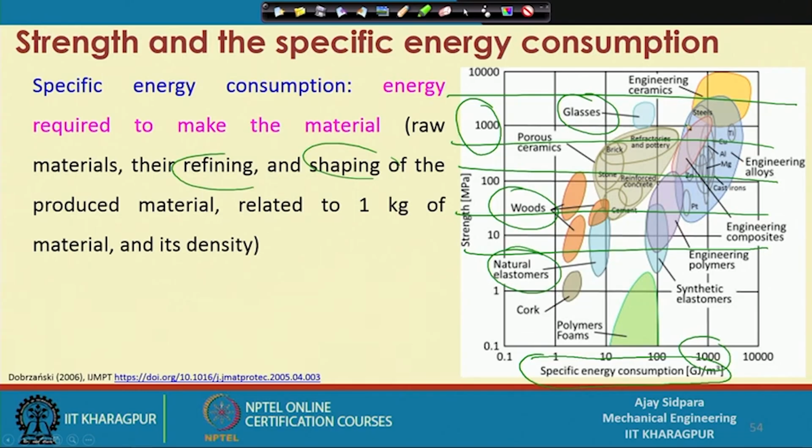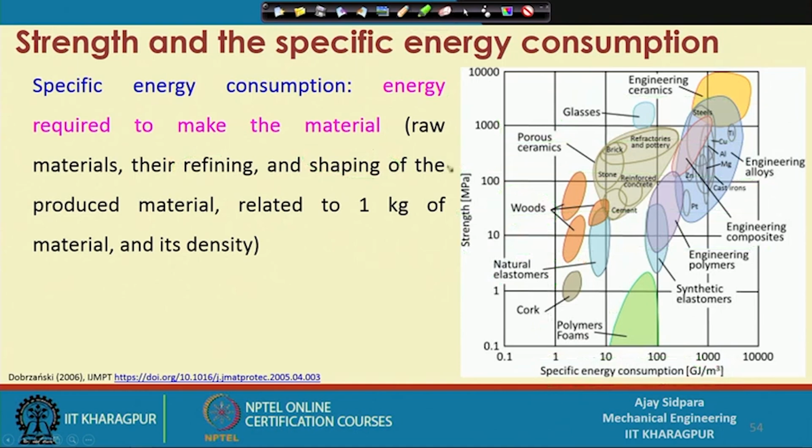So, this is the graph which will tell you at which particular location you have to stop, so that you can get the required results. But in general, this trend is going in this direction. So, this is the rule, that if you go with high strength, your specific energy consumption is also high in this direction.